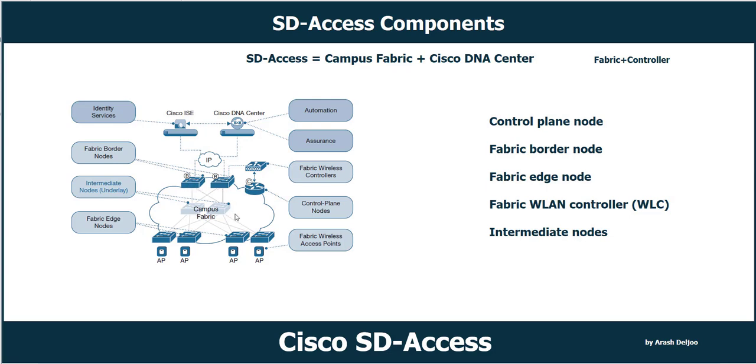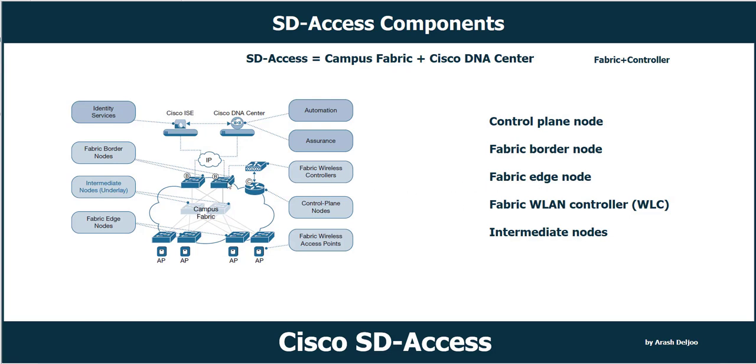But we configured the underlay with layer 3 links, and we enabled a routing protocol like ISIS or OSPF, and now we have the overlay network. Because of that, our access switches are edge or fabric edge devices. Here you can see we have fabric edge nodes. This is one of the important roles in the SDA fabric.